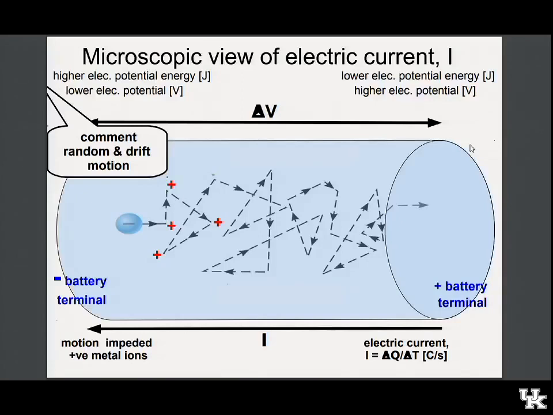If you were to look microscopically at individual electrons, its motion is not simply streaming from the left to the right. It'll hit an ion, bounce off the ion, move a bit more, hit an ion, bounce off the ion, and that repeats and repeats, and that's resistance. That's the impedance to the flow of the electrons along the length of the wire.